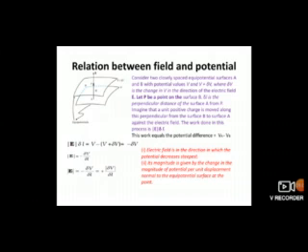This can also be written as work done, which is equal to the electric field and the distance del L. So modulus of E del L is also the work done expression, and that should be equal to the potential difference V minus V plus del V.